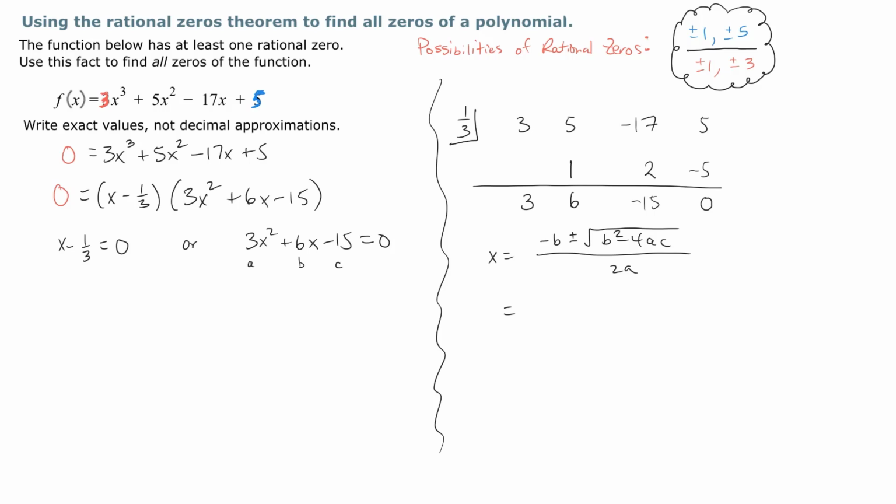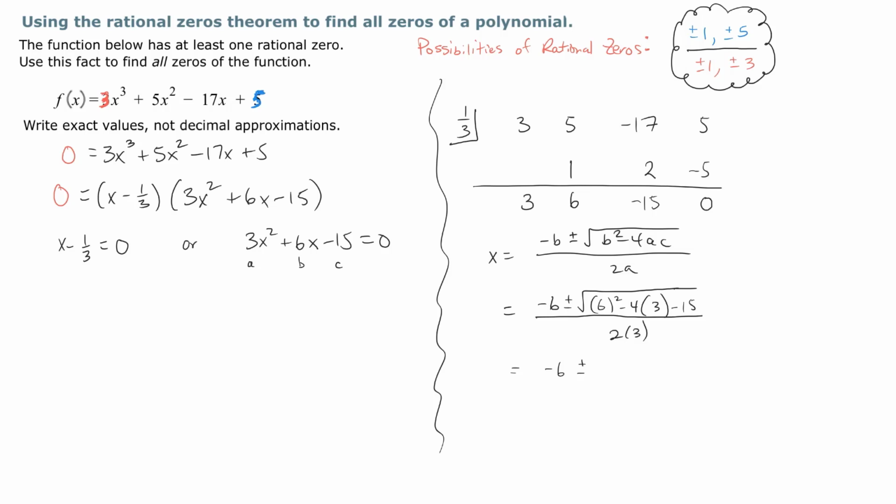What is this expression? This expression is the opposite of 6 plus or minus the square root of 6 squared minus 4 times 3 times negative 15 all over 2 times 3. Let's simplify this.